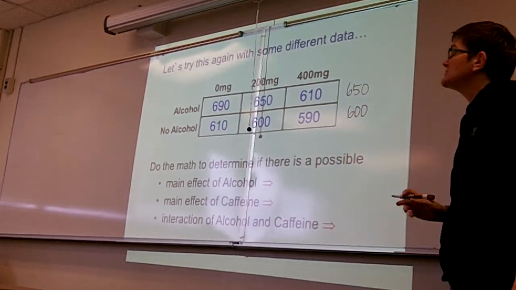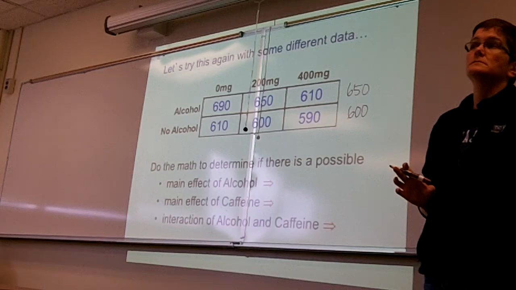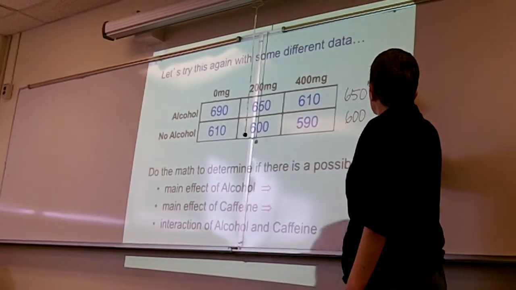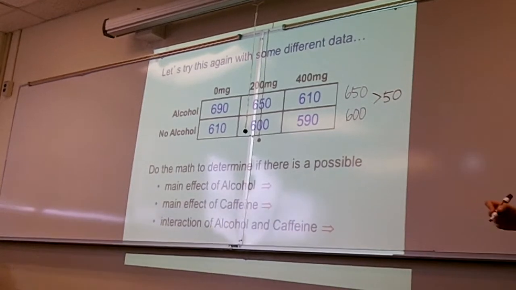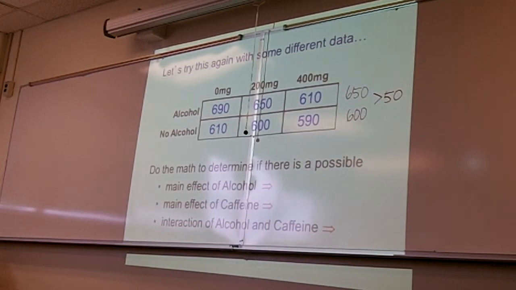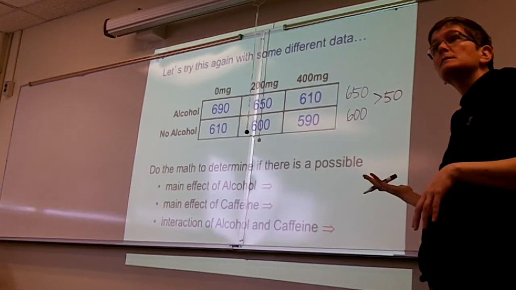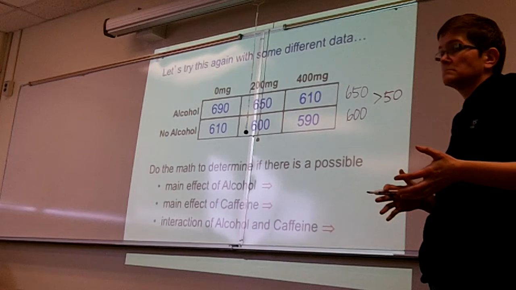So my observed difference is 50. That's my observed difference. So if my critical difference is smaller than that, I've got a main effect. If my critical difference is larger than that, I don't have a main effect. Make sense?